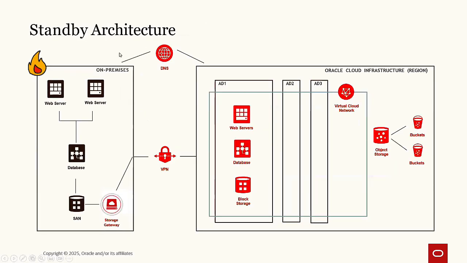The other choice is a standby architecture. I call it a ghost town. And basically now you can have the basic infrastructure in place. You have copies of some of your stuff, the most important stuff.